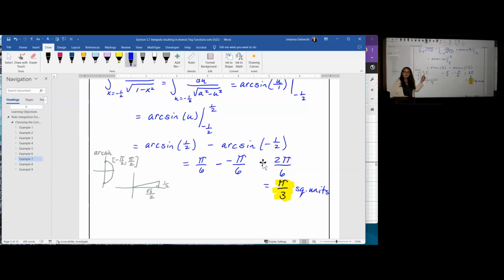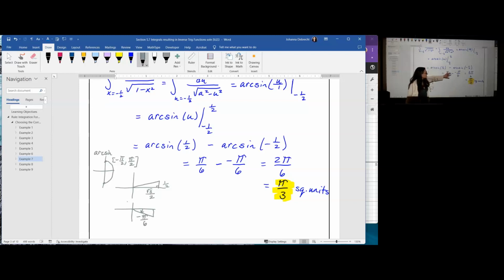That's not in the interval over which arcsine is defined. It has to be an angle between negative pi over 2 and pi over 2. That means that the angle that we actually want here is the one that goes counter to our normal direction, which would be clockwise. This gives us a negative pi over 6 for the angle.